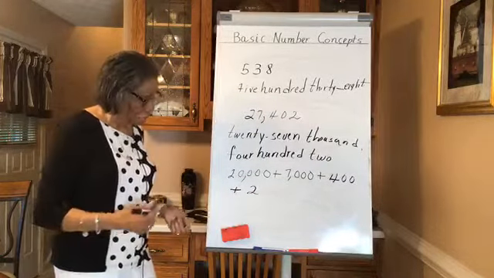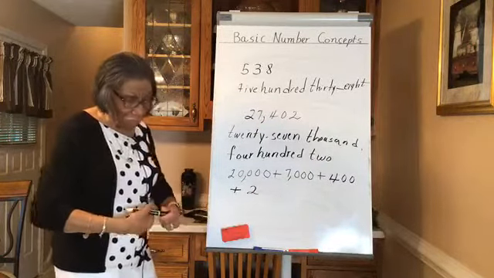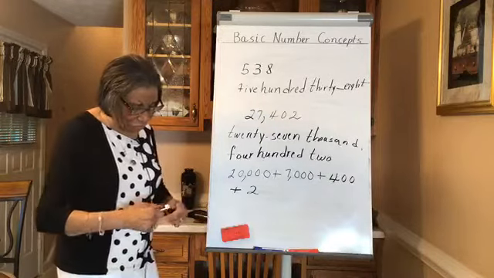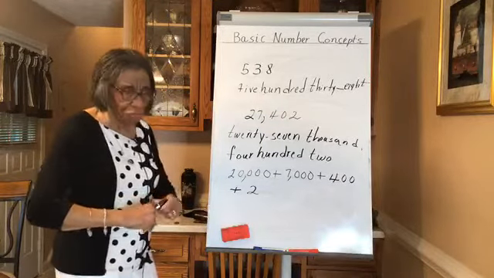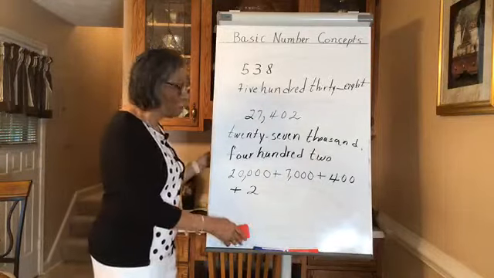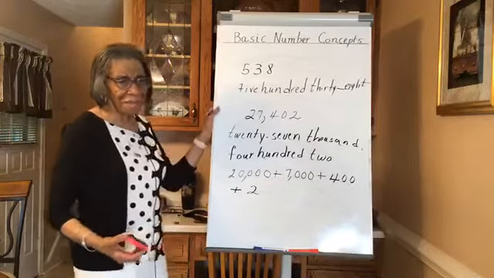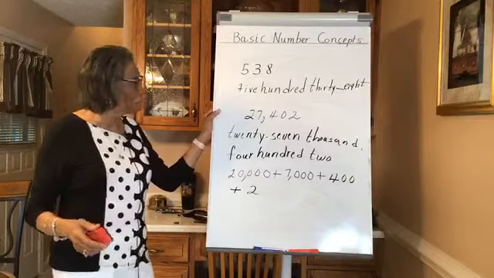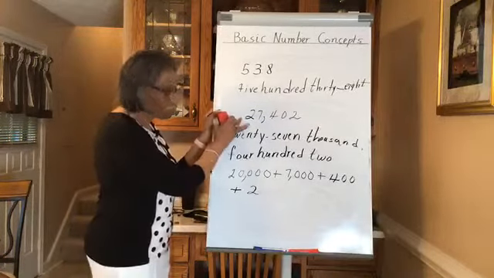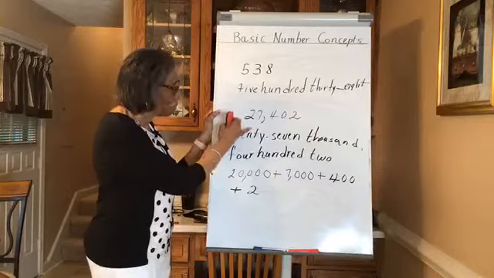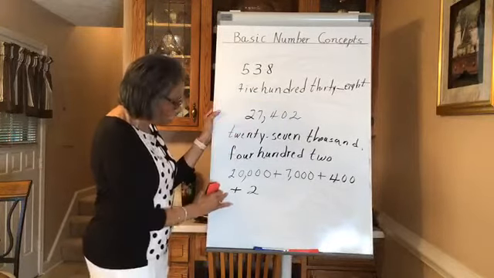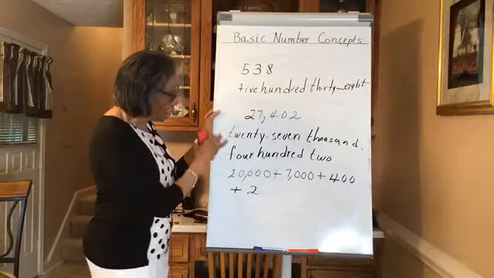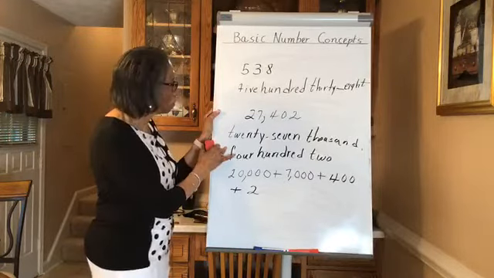All right. If you have a question, shoot it, because I know parents have to help students with this. And I've tutored some students who have quite a time with this, because they get the value mixed up, they get expanded mixed up. This is called the standard form of a number, the way we generally write it. This is the expanded form. This is the word form.